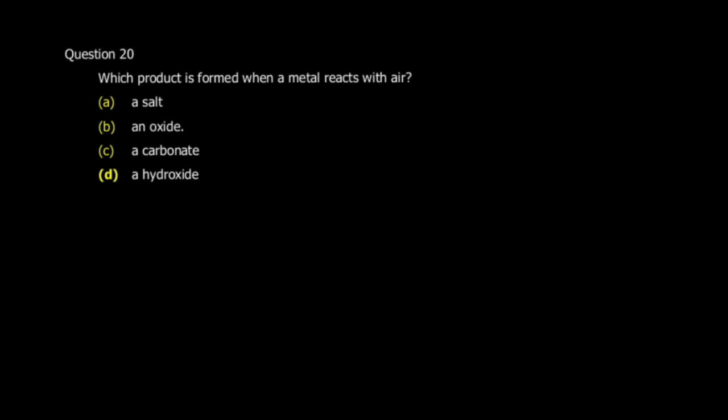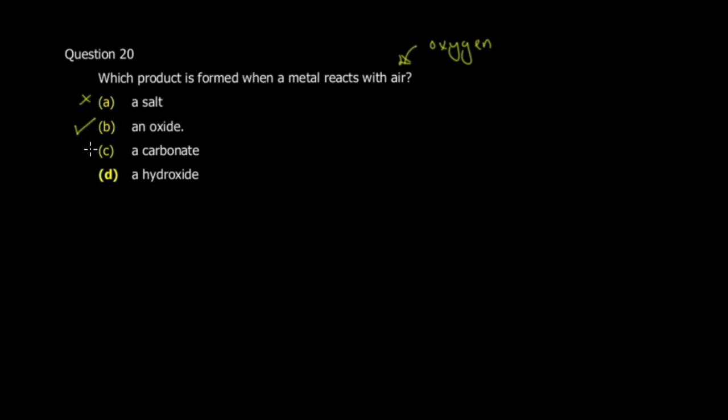The last question says, which product is formed when a metal reacts with air? So you have a metal plus air. When they say air in chemistry, they actually mean oxygen. Just remember this. Anything formed from oxygen is usually an oxide, so the metal will form a metal oxide.